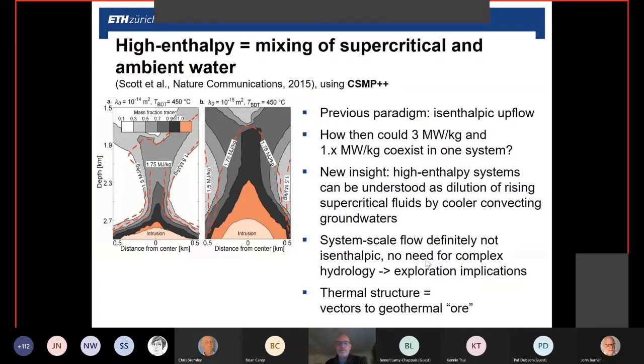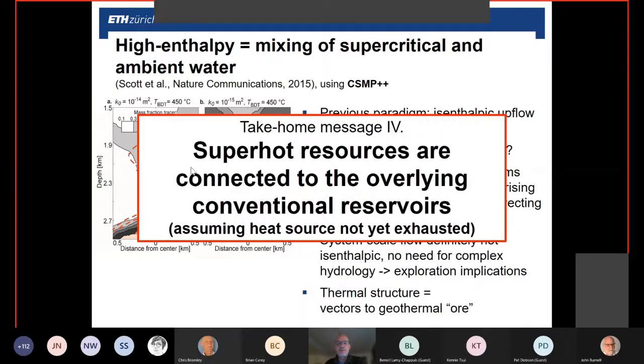There can be pretty complex patterns, and I can't go into the details of that, but it has exploration implications, and this should be considered if one is trying to drill into one. So the key message here is that superhot resources are hydraulically connected to the overlying conventional reservoirs if the heat source is not yet exhausted, because then you can have the superhot resource.